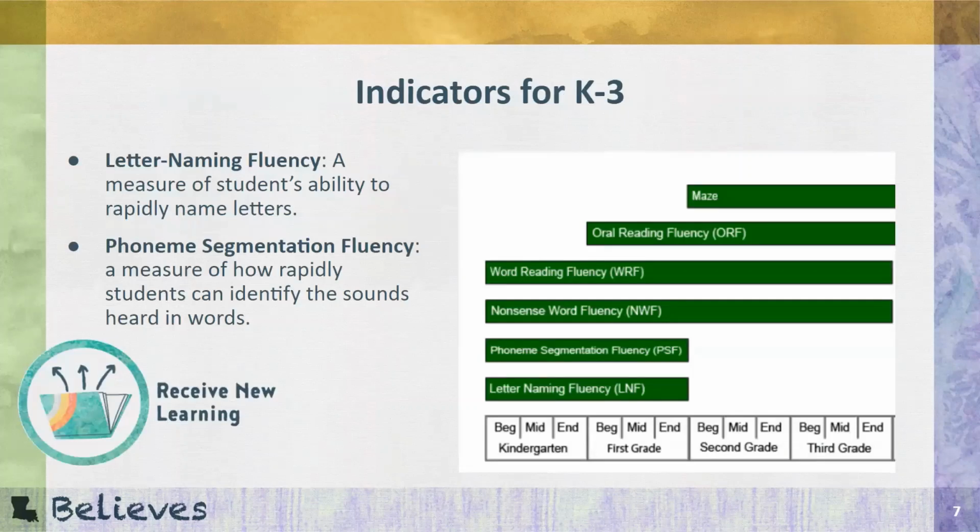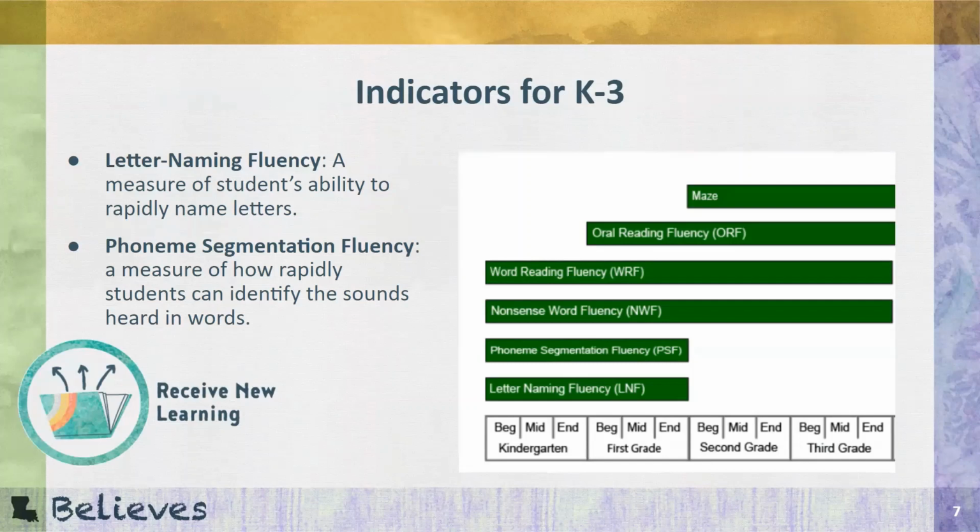Now, it is important for us to have a very clear sense for what the indicators are for our K-3 literacy screener. Now, the first indicator that's measured only in grades K and 1 is letter naming fluency, and this is a measure of a student's ability to rapidly name letters.